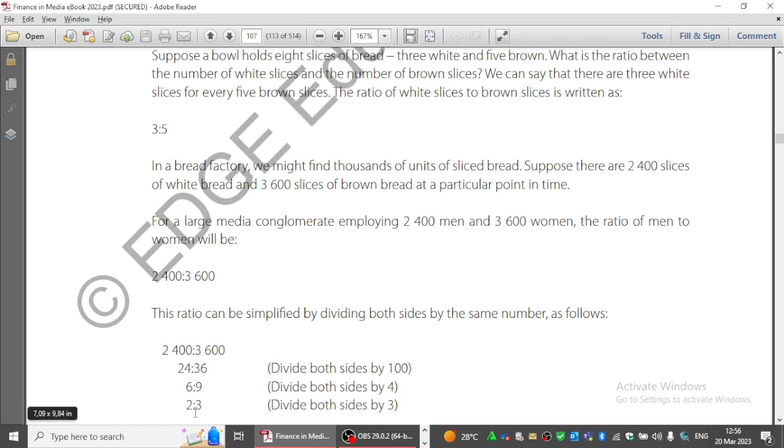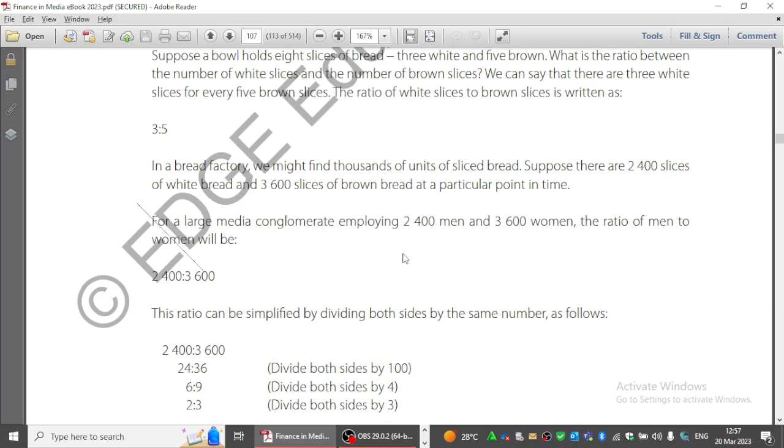So this is the ratio within the company, and this is the hiring policy of the company: for every 3 women hired, 2 men will be hired, so that the ratio remains the same. Therefore, the total number of employees will be 2 plus 3, giving us 5. If we go to this one, 2,400 plus 3,600, that will be, sorry, 6,000.